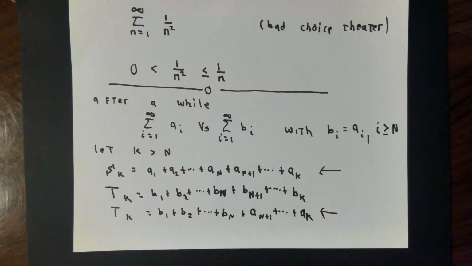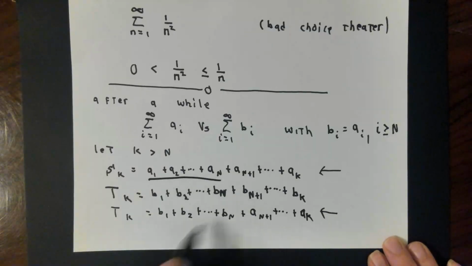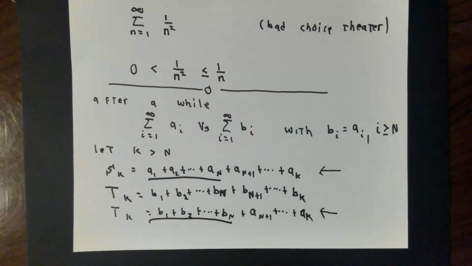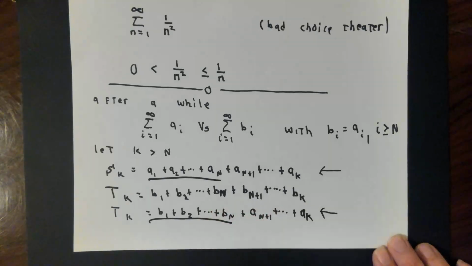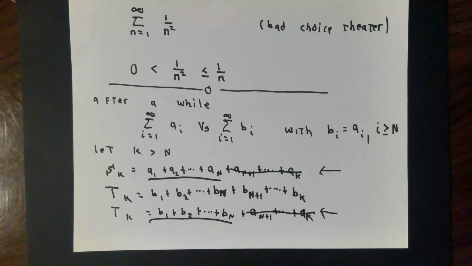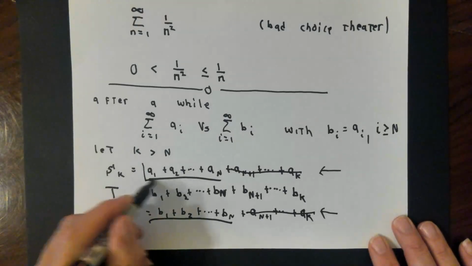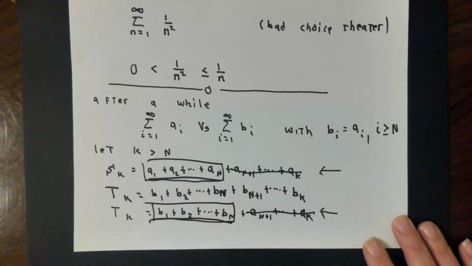If k is bigger than n, then sk minus tk will be that quantity minus that quantity plus this quantity minus that quantity. Those cancel each other out. I'll call this number minus that number capital C.